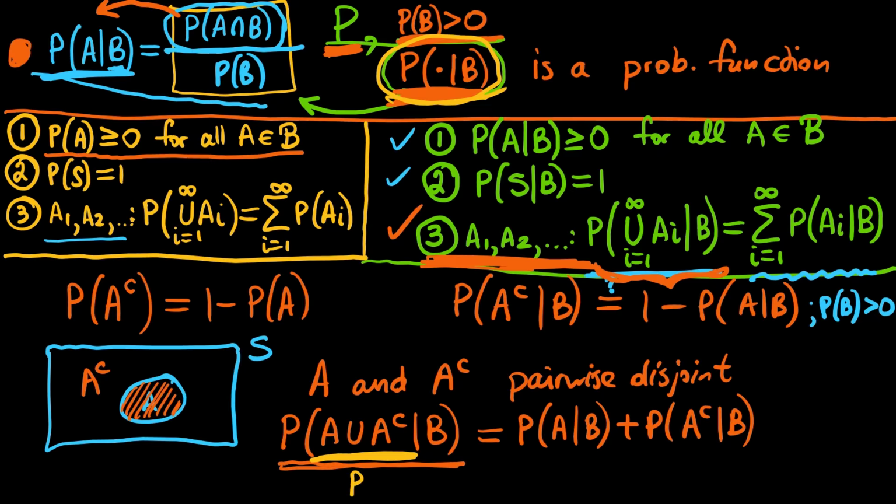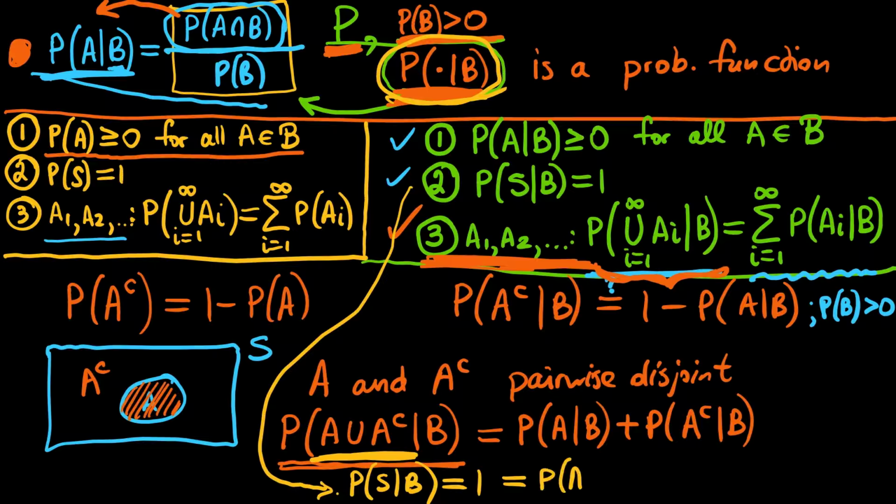So what we really have on the left is the probability of the sample space given B, but from the second axiom we know that to be 1. So that's 1. And then what do we have here on the right? Well, we'll keep it as is.